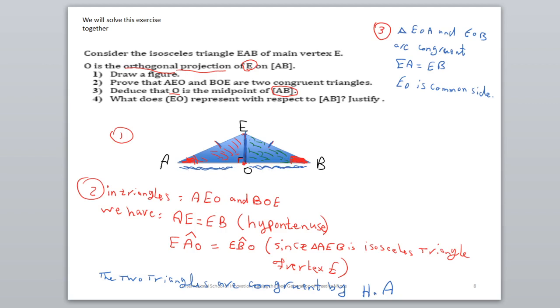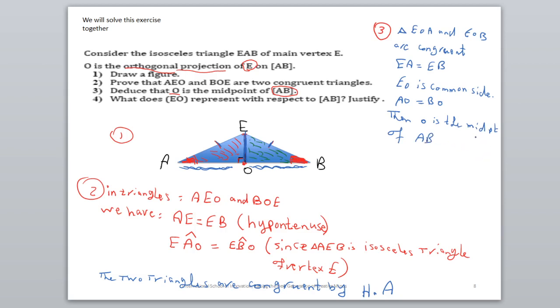So AO equal BO. Since AO equal BO, then O is the midpoint of AB. Done. That's it.